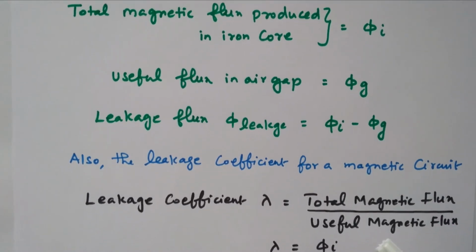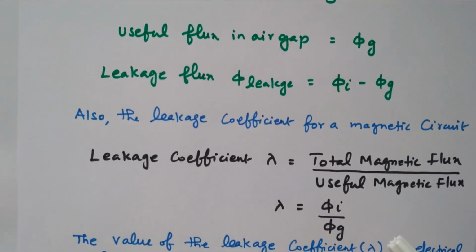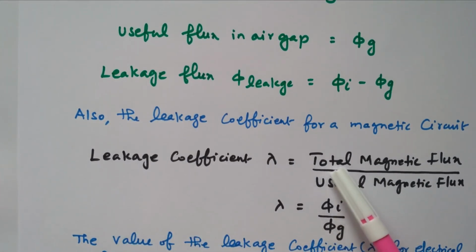So, from that we are able to identify the leakage coefficient, that is nothing but total magnetic flux divided by useful magnetic flux. What is total magnetic flux? That is phi I. The useful magnetic flux is phi g. So, phi I divided by phi g will give the leakage coefficient.